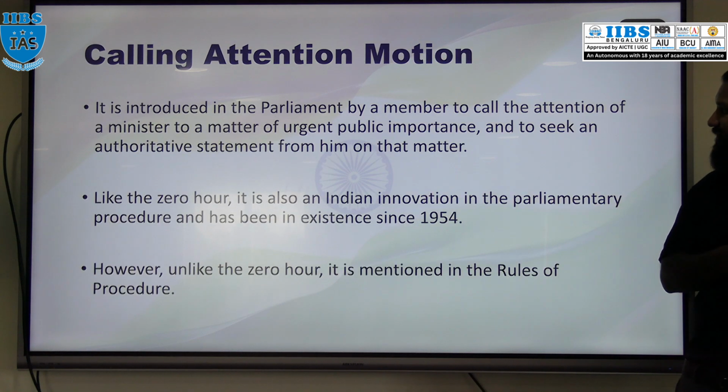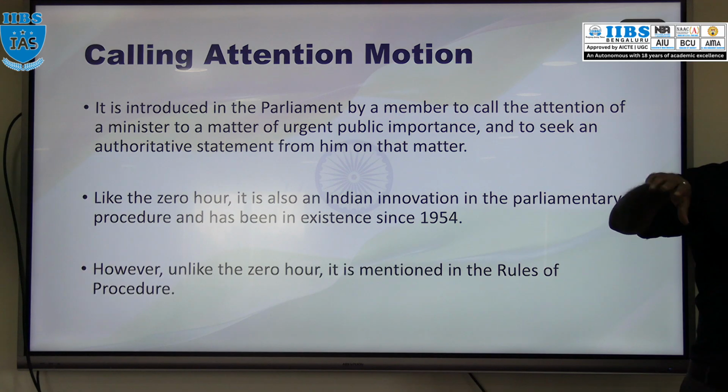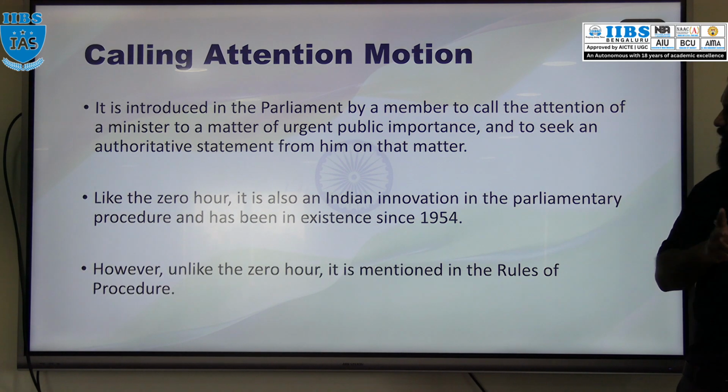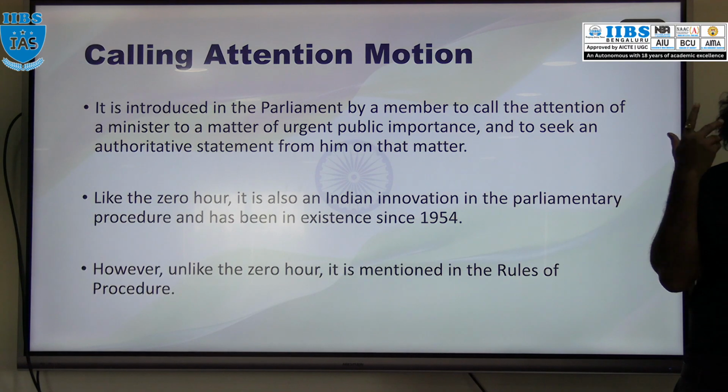Then next, calling attention motion. Whenever a debate or discussion is going on in both houses of parliament, but attention is not there. You have seen Lok Sabha, Rajya Sabha, they do something.